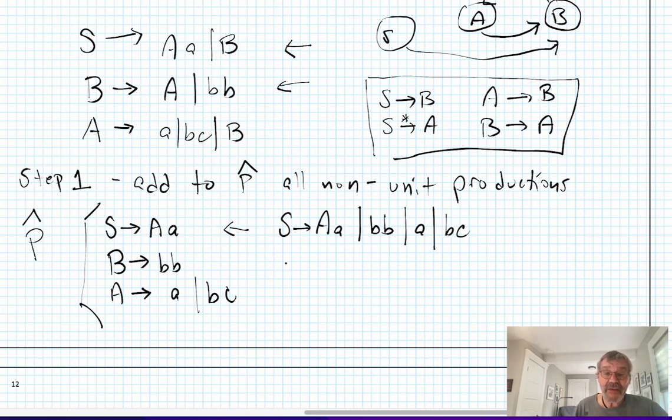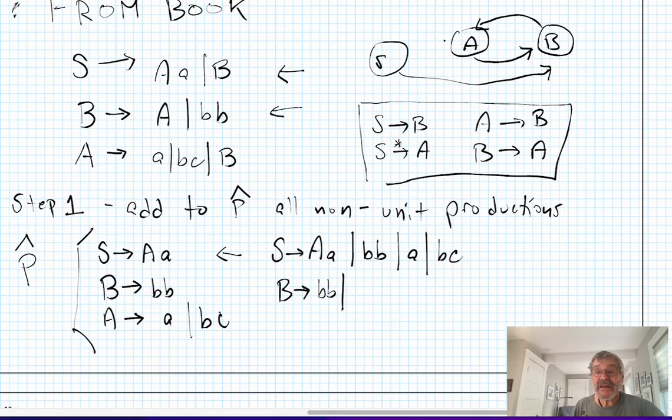Now if I come over here, originally B could derive BB, but I also have from the graph over here that from B I can get to A, and A can also derive an A or a BC.